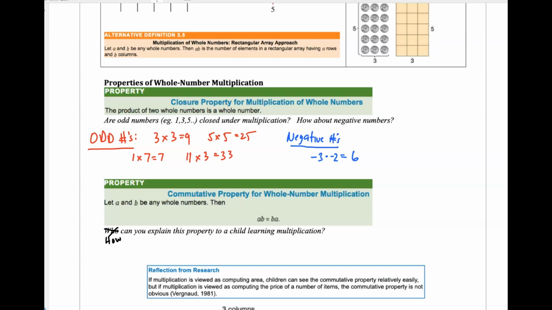From the pattern, from some inductive reasoning, I would say odd numbers are closed. We could prove that with some algebra, but that's not our purpose right now. An odd number times an odd number is an odd number. How about negative numbers? Negative numbers are not closed, because a negative times a negative equals a positive, so it falls out of the set.